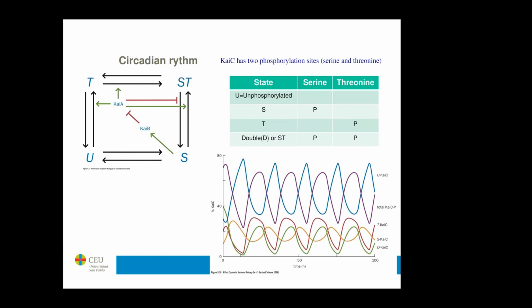And it has been proposed as a model for how these circadian rhythms can be held over time. You can see that the cycle is about 24 hours. So it depends on which are the constants of all these regulations. You can have faster or slower cycles.